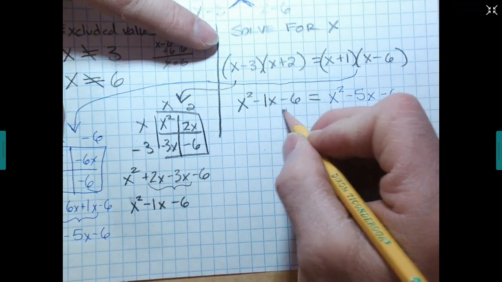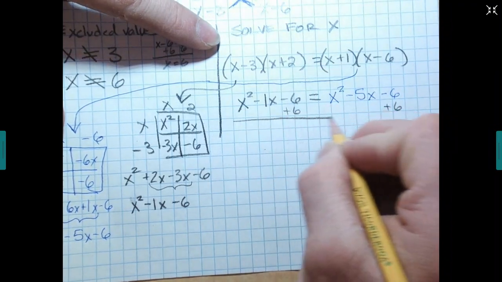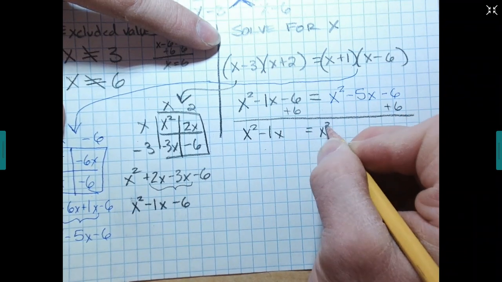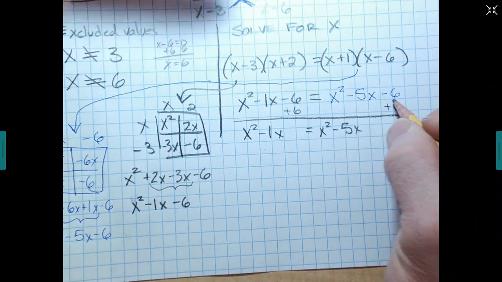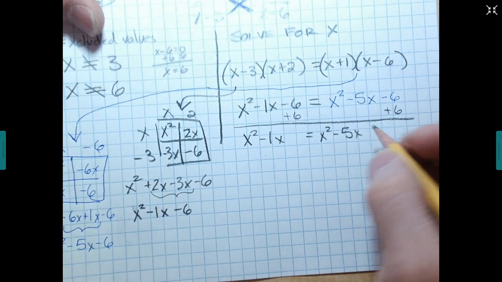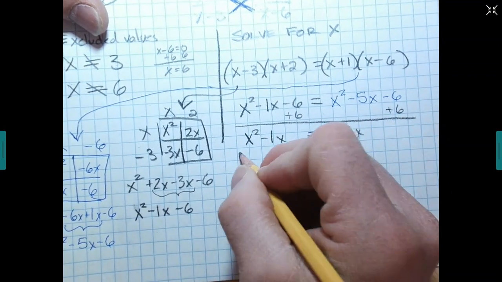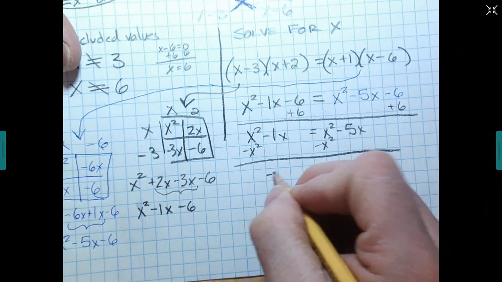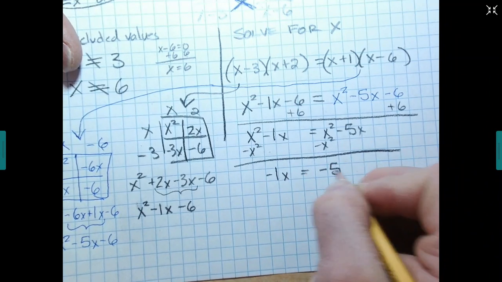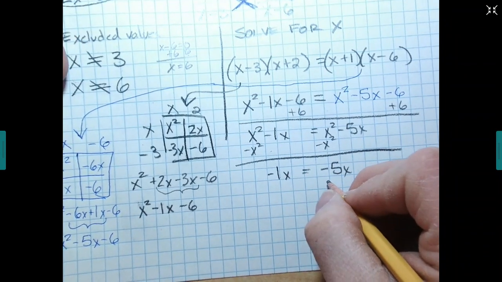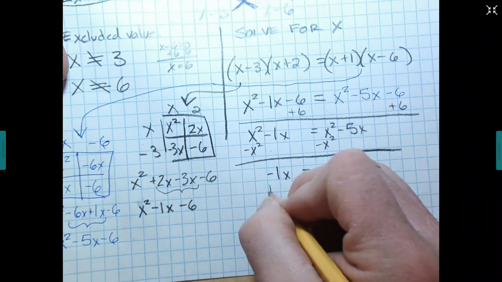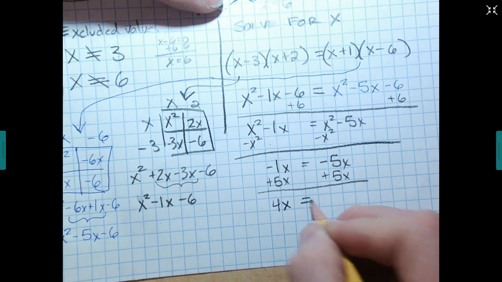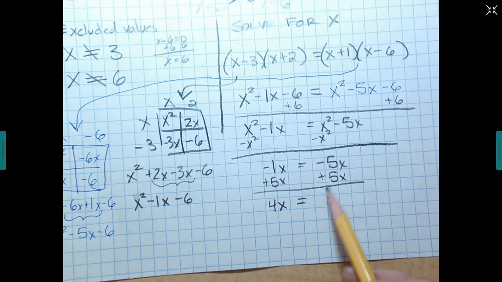Now I solve it. Plus 6: x squared minus 1x equals x squared minus 5x. Negative 6 plus 6 is 0, and x squared minus x squared is 0. So negative 1x equals negative 5x. Let's add 5x on both sides. Now here, be careful. I have 4x equals, it's not nothing, right?